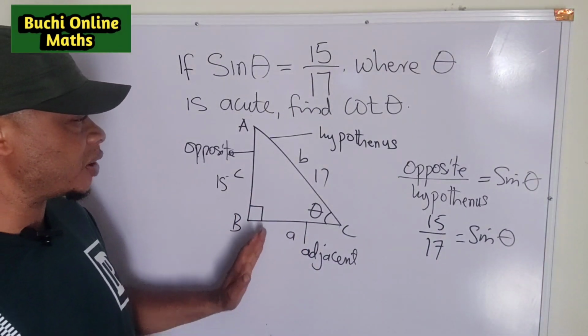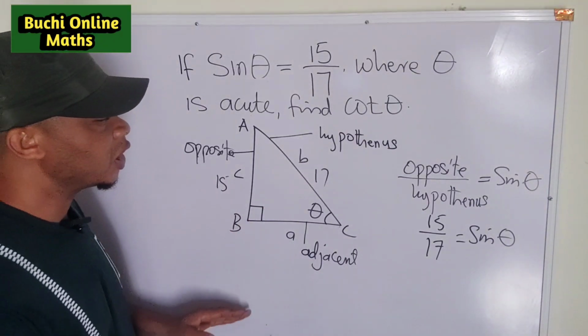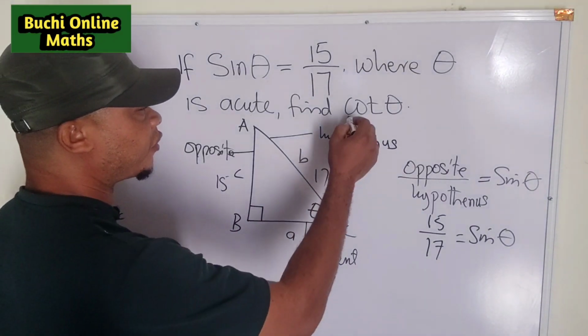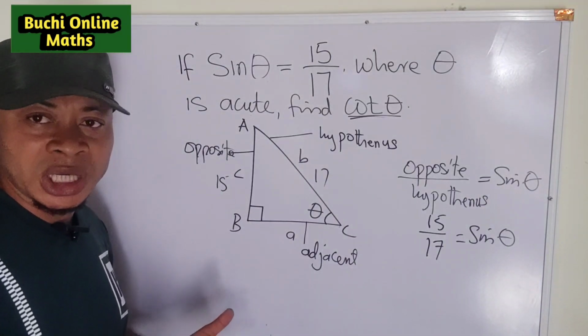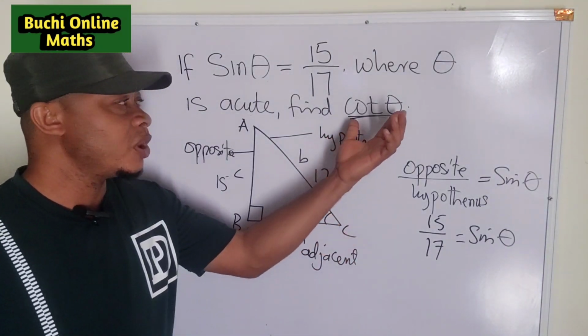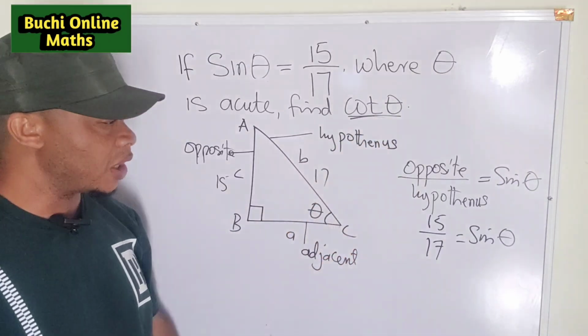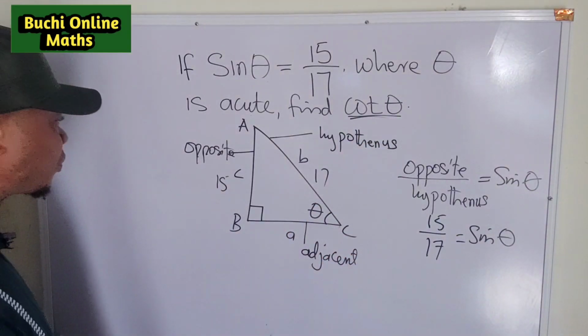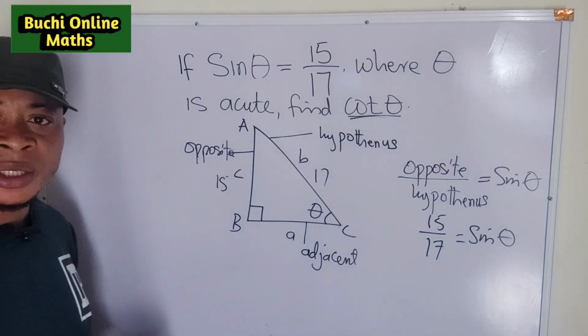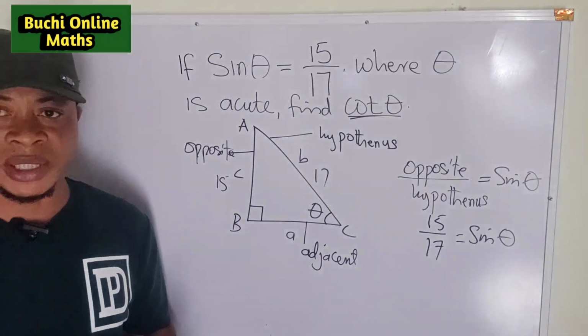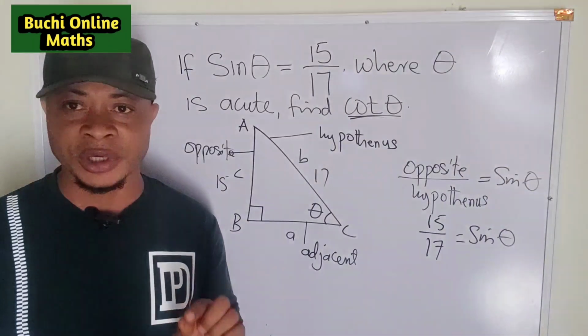Now that we have labeled the triangle completely, let us find the value of cot theta. We are going to establish a relationship that will help us to find the value of cot theta. Cot means cotangent, and cotangent theta is the reciprocal of tan theta. That's the first thing you need to understand.